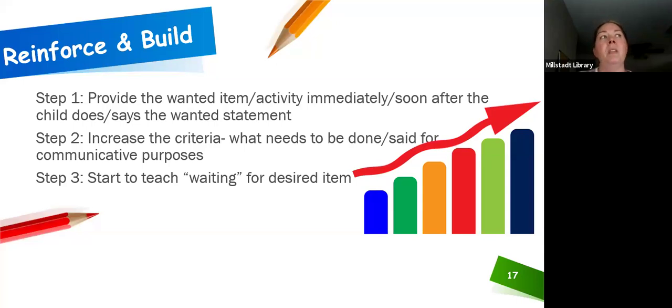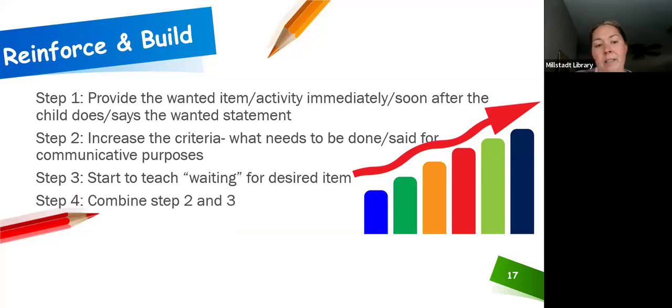For example, someone requesting a food item that is no longer in the house, or requesting to see a family member that is not in the state at the moment, or requesting maybe a trip to Disney World when that's not really a feasible option to be provided. So we may have to teach waiting or teach an alternative thing that someone can be requesting.